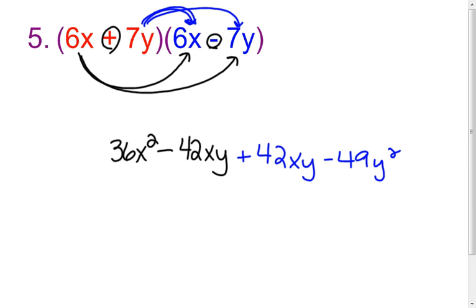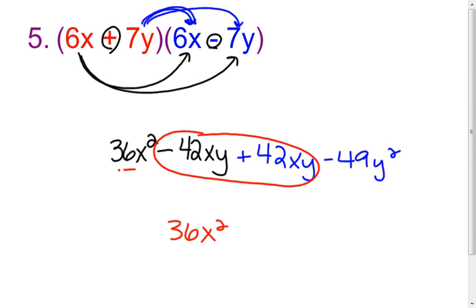Now I'm going to combine my like terms, so I have no other x squareds to combine this one with. So I just have 36x squared. I have negative 42xy and positive 42xy, which just makes 0xy, so they drop. And then I have negative 49y squared.